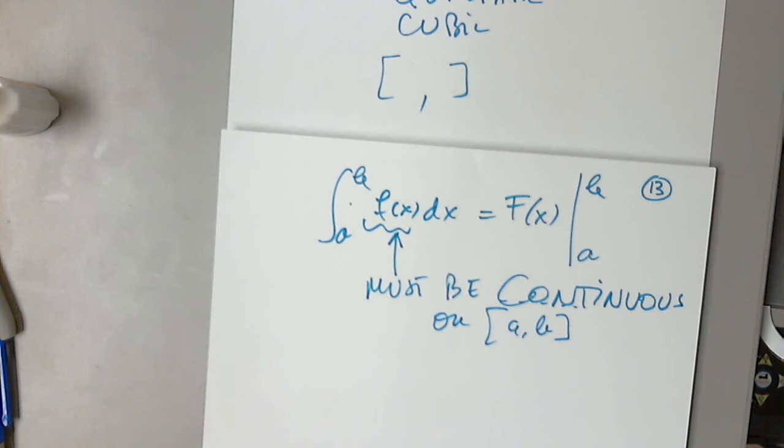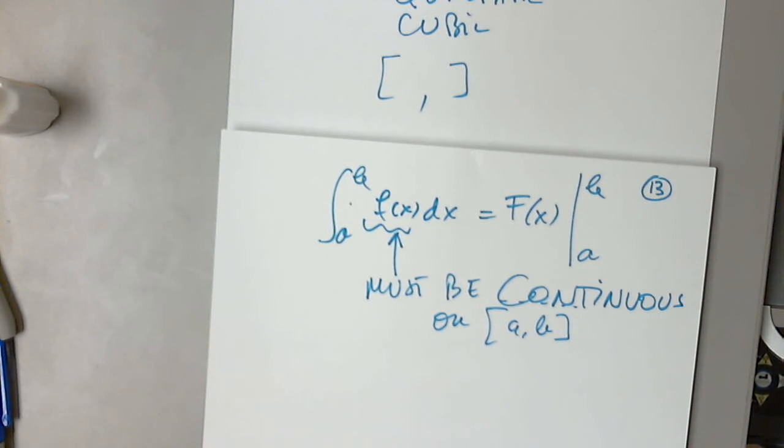Otherwise, you cannot determine it. You have to wait till Calc 2. These are called improper integrals, when the function is not continuous, or when one of the limits is infinity, or both limits can be infinity. We can have from negative infinity to infinity, or from 0 to infinity. Those are improper integrals, but not in this class, in the next one.